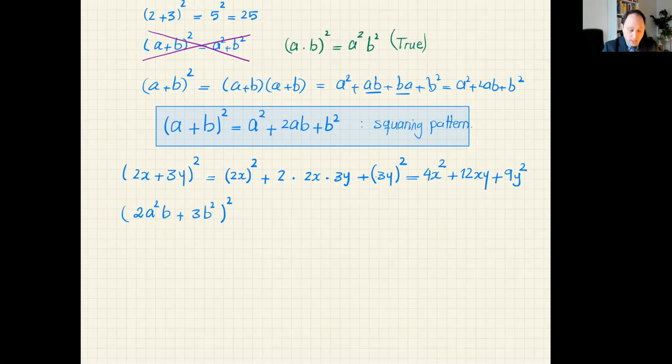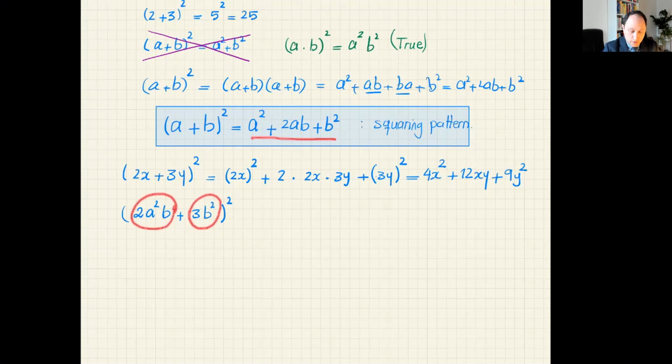I want you to understand that this pattern can be used if you have 2 terms added together and you want to square it. Whenever this structure happens in your calculation, you can always use a squaring pattern if you want to. Okay, but then what is my first term? The whole expression here is my first term, and the whole expression here is my second term. And then I need to read it in English.